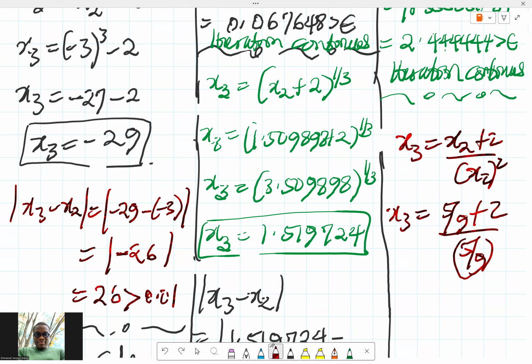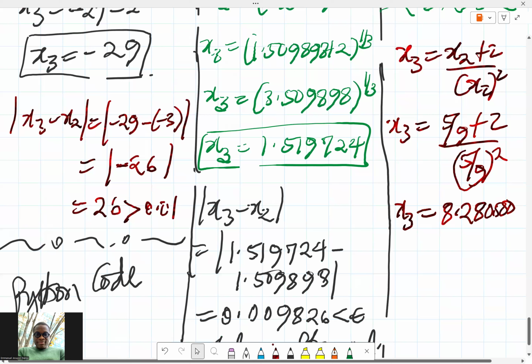If you do all of this, you're going to get 8.28000, so basically 8.28. So that's x3.